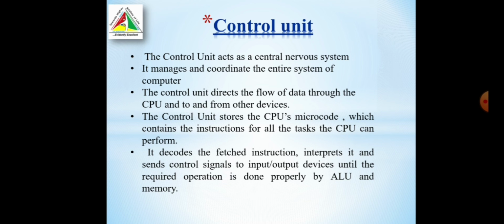The control unit stores the CPU's microcode, which contains the instructions for all the tasks the CPU can perform. It decodes the fetched instruction, interprets it, and sends control signals to input-output devices until the required operation is done properly by ALU and memory.